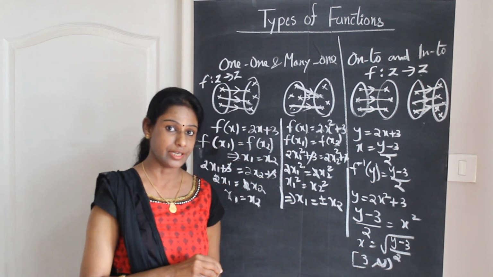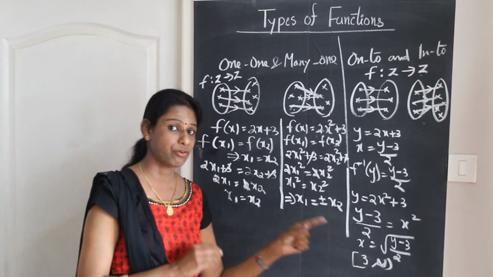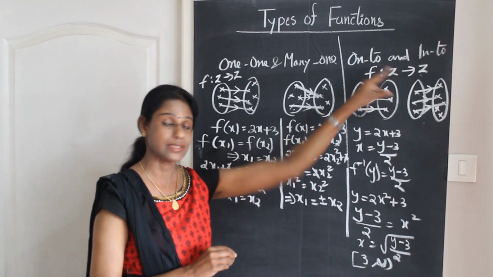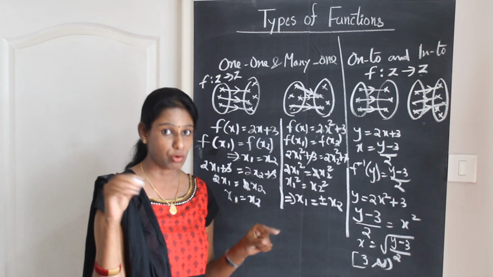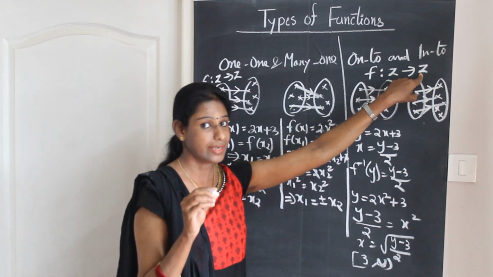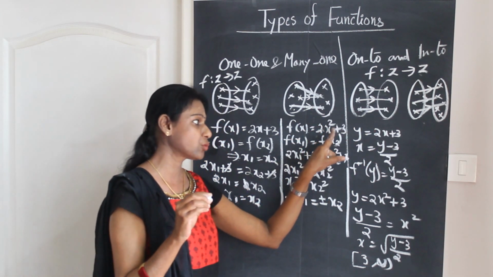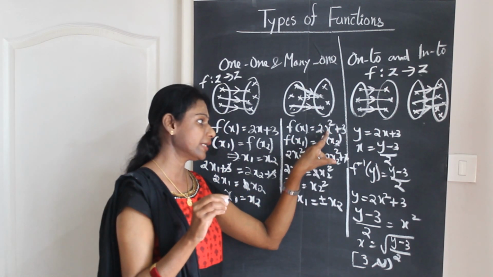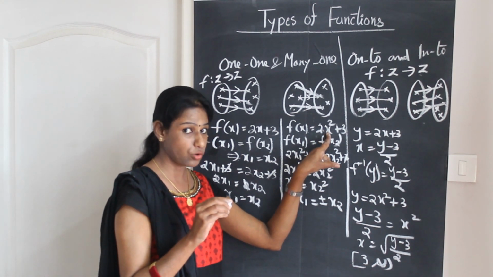3 to infinity, only the integers, not the real numbers, because I have taken it as Z. So we can say that 3, 4, 5, 6 etc., more than 3 only. But here the codomain is all the integers. Or otherwise also we can check that because it is 2x squared plus 3, the minimum value of x squared is 0.